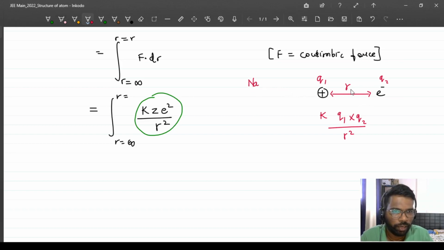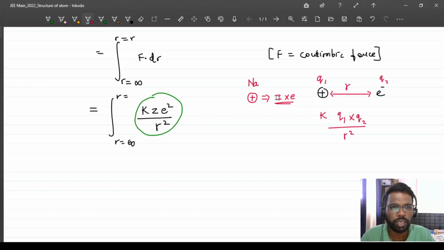This is one electron, say the outermost electron, and I am finding the Coulombic force between the outermost electron and the positive charge on the nucleus. The positive charge on the nucleus will be Z times the charge of the electron. I am taking the magnitude, not the sign of the charge.